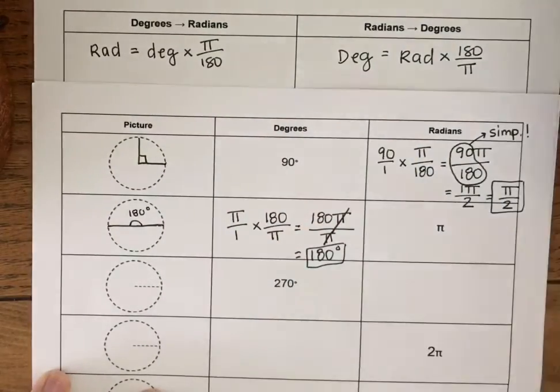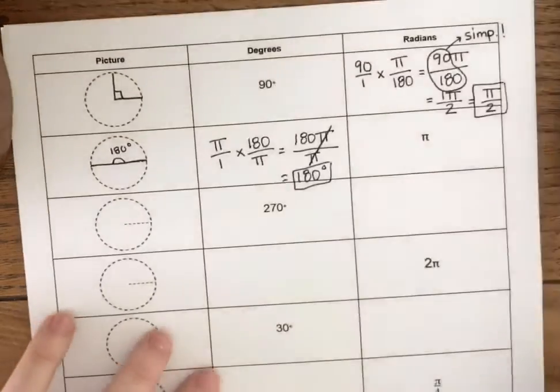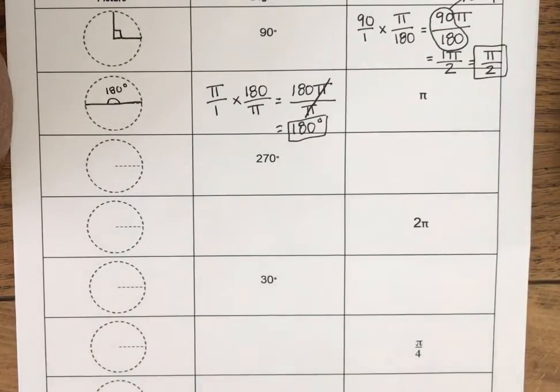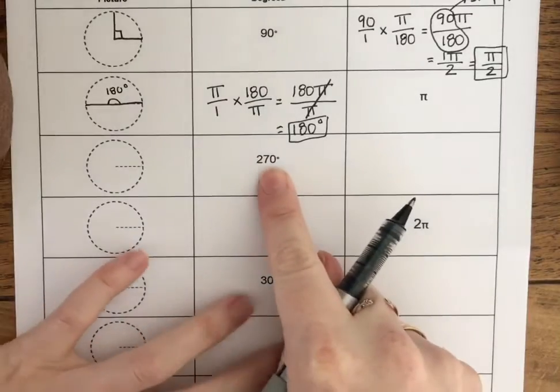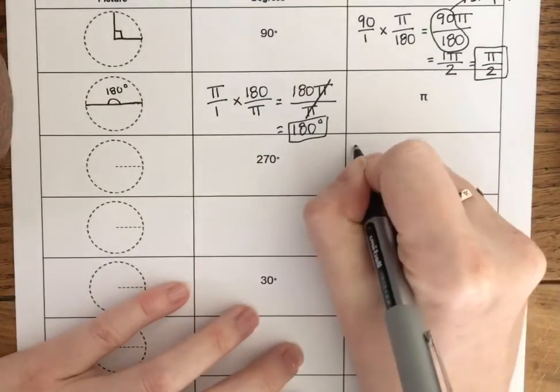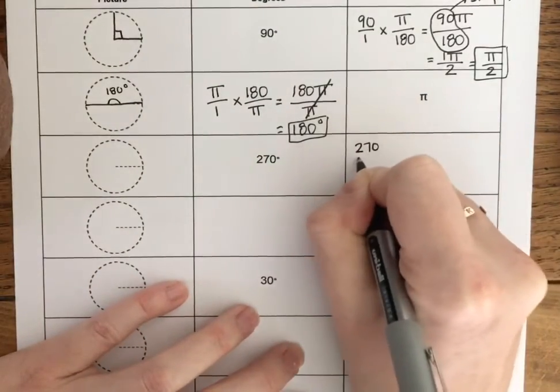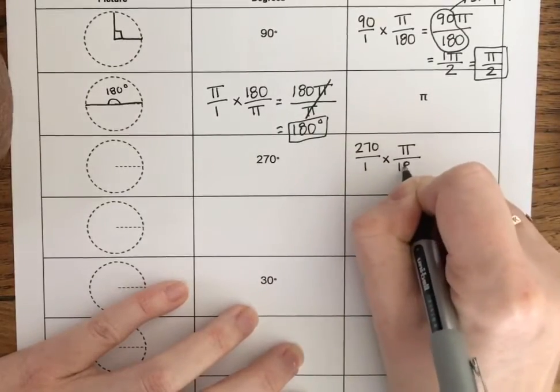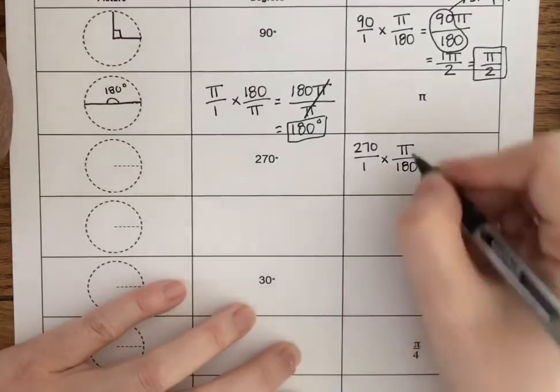I'm going to move them just because I need more room, but let's go ahead and do the next one. So we have 270 degrees, okay? I'm going to multiply that times pi over 180, okay?